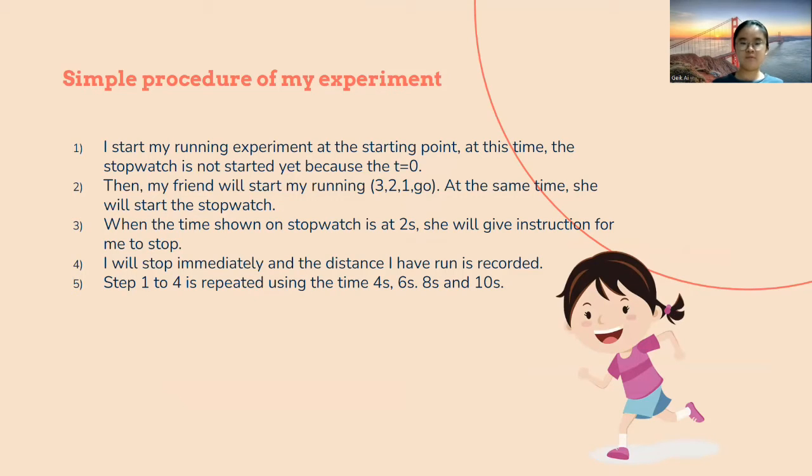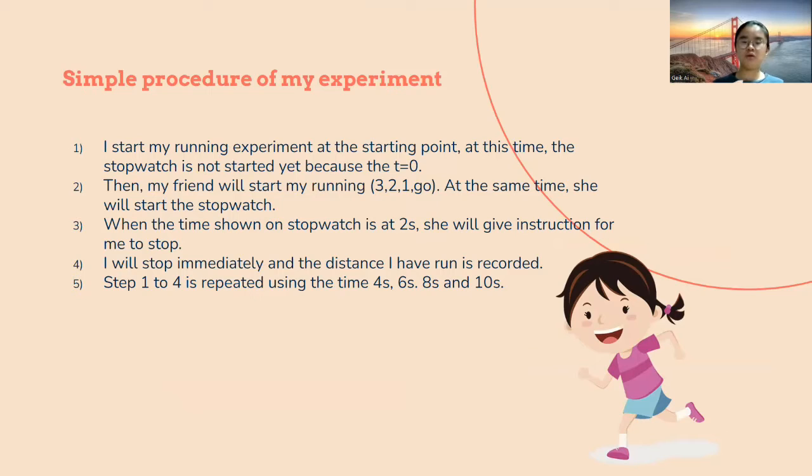Then my friend will start my running activity by giving me instruction like 3, 2, 1, go. At the same time, she will start the stopwatch. This starting of the stopwatch is simultaneous with my running activity.